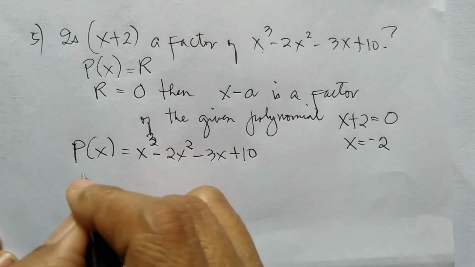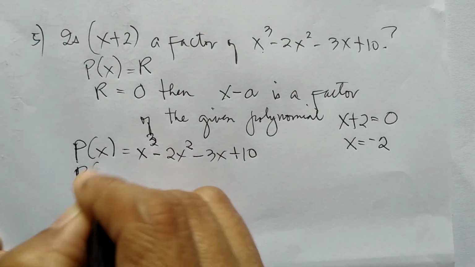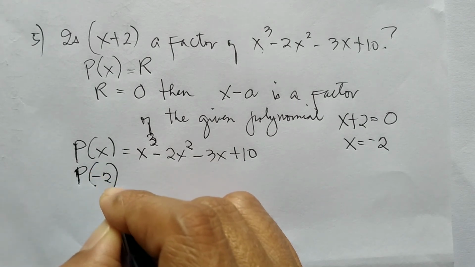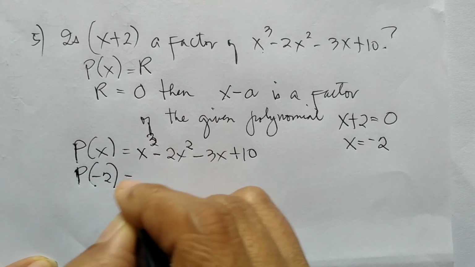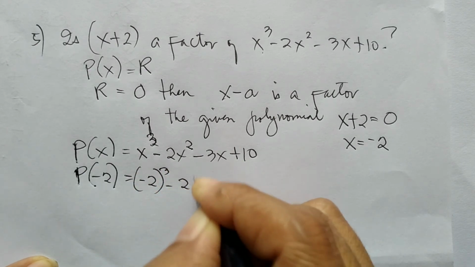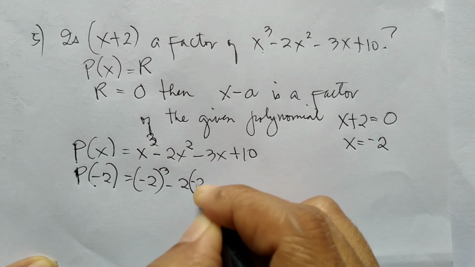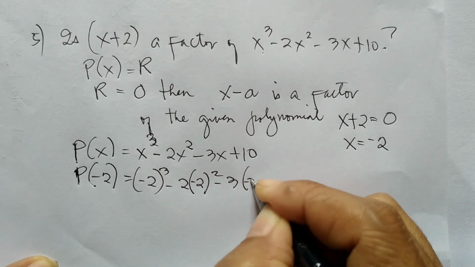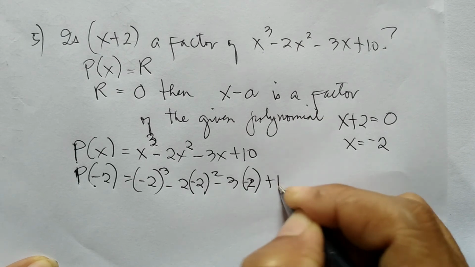Let us see and let us evaluate if p of negative 2 is equal to 0. So you have negative 2 cubed minus 2 times negative 2 squared minus 3 times negative 2 plus 10.